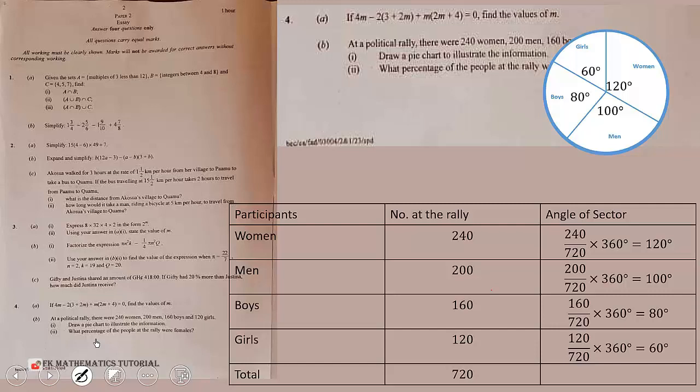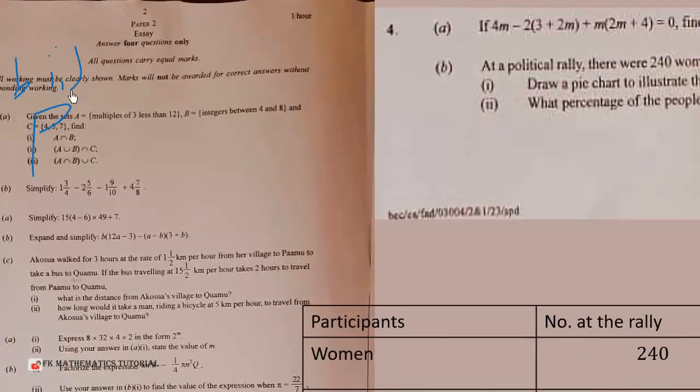Now the B II says, what percentage of the people at the rally were females. So percentage of females.